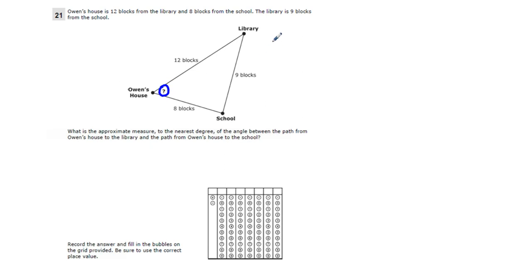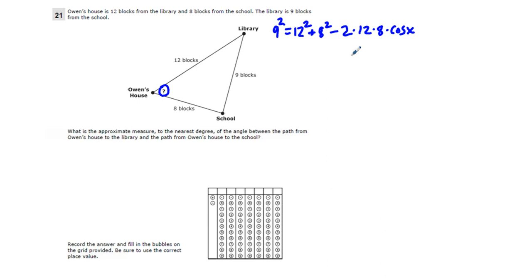Well, we set it up as 9 squared equals 12 squared plus 8 squared minus 2 times 12 times 8 times cosine of x.